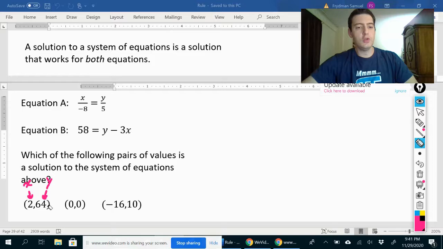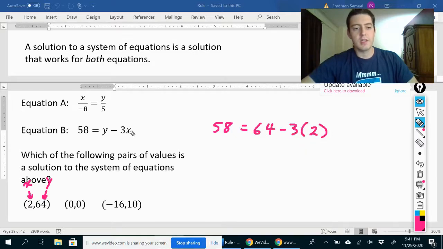If I plug 2 in for x and 64 in for y, then I'll get 58 equals 64 minus 3 times 2, just replacing the x with 2 and the y with 64. Really, I should ask, are these equal to each other? I don't know yet. So 64 minus 3 times 2 is 6, so is 58 equal to 64 minus 6, which is 58?